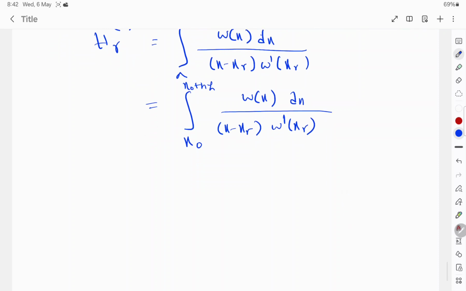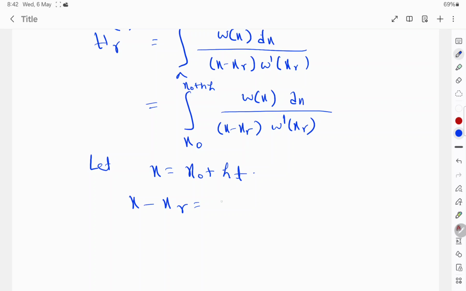Now you consider a substitution. Let x equal to x0 plus ht. Already you have done this type of calculation. So what is your x minus xr?